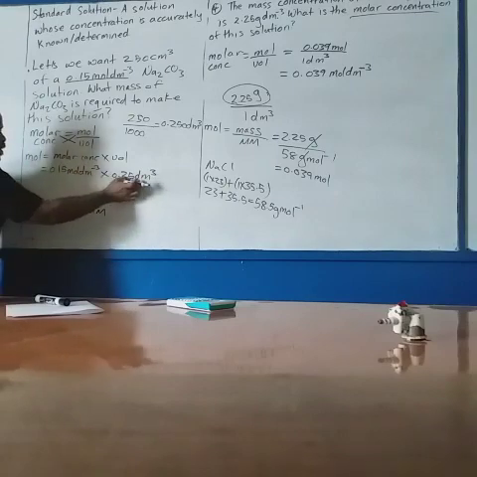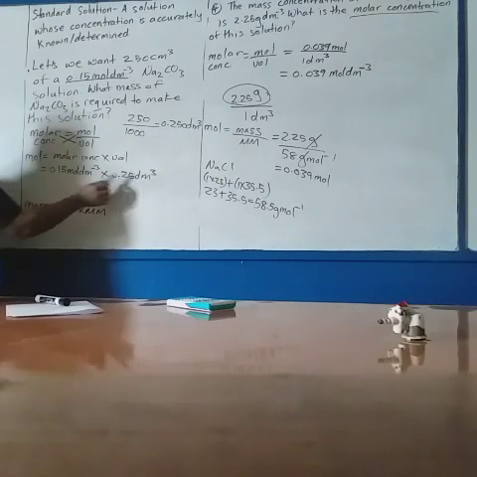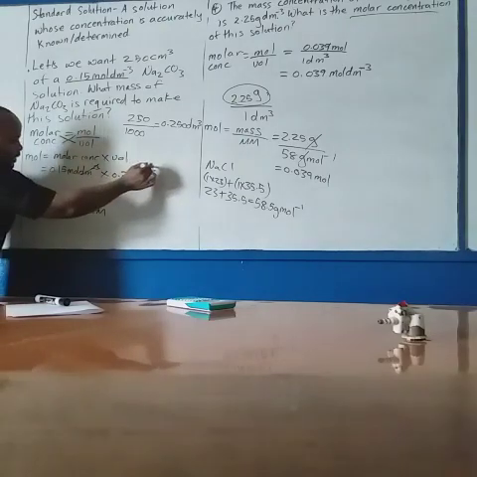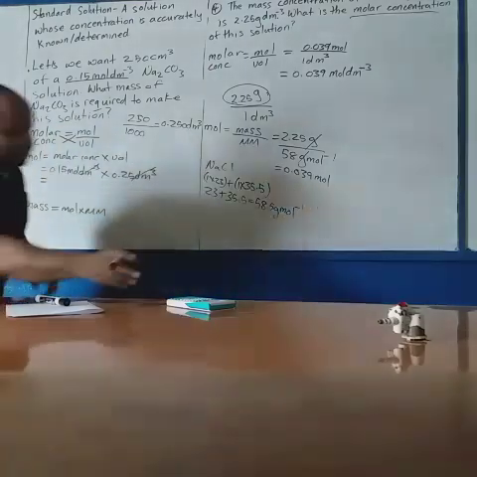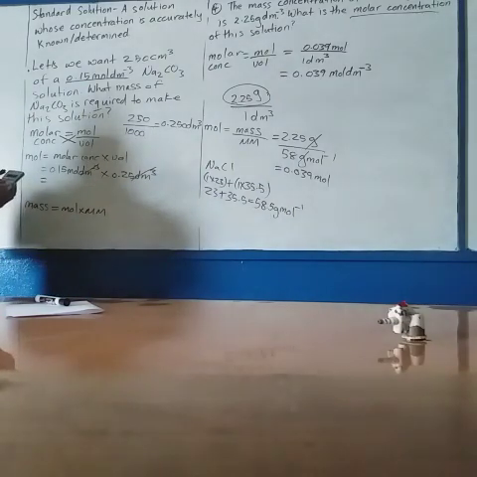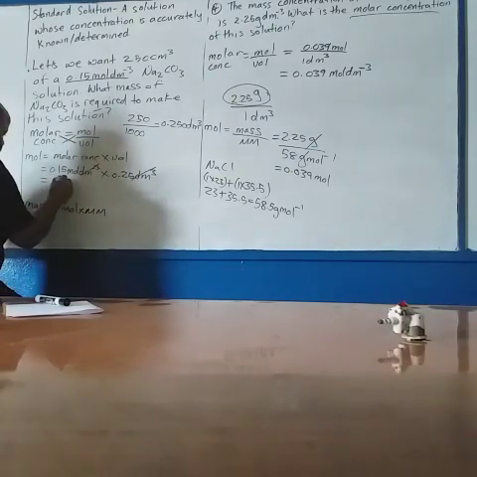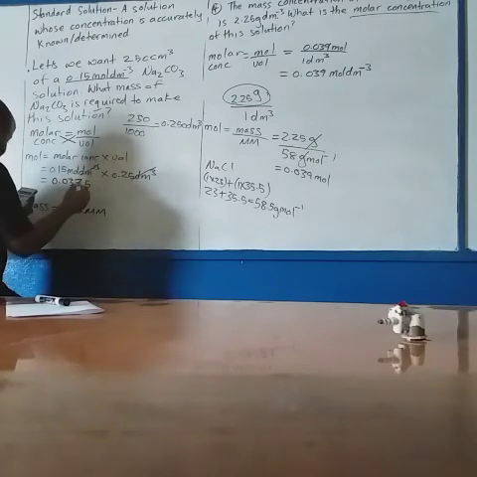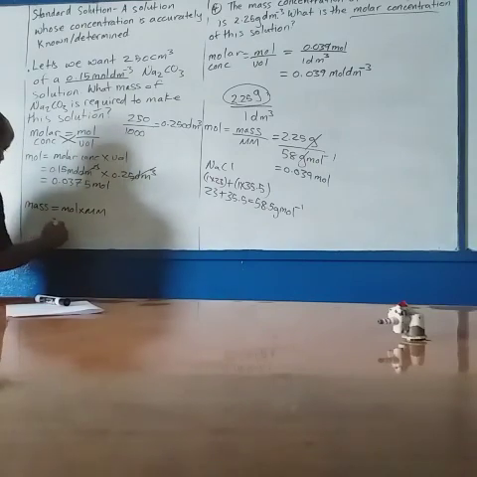If the unit here was 250 cm cube, you could not cancel the dm cube. The units must be appropriate. So dm cube cancels dm cube, you are left with moles. So now 0.15 times 0.25, and that is 0.0375 moles. So now that we have the moles, we can go ahead and calculate the mass.